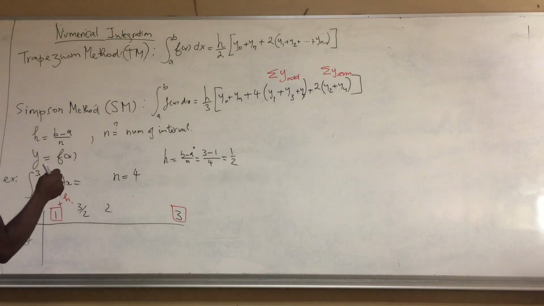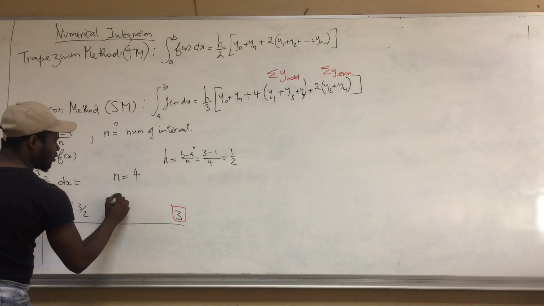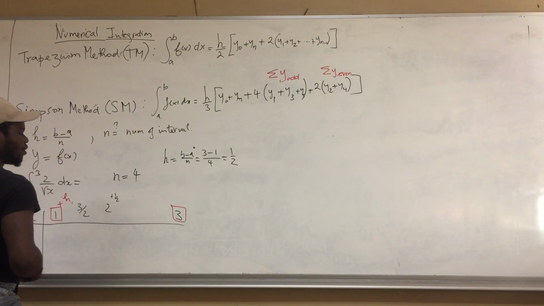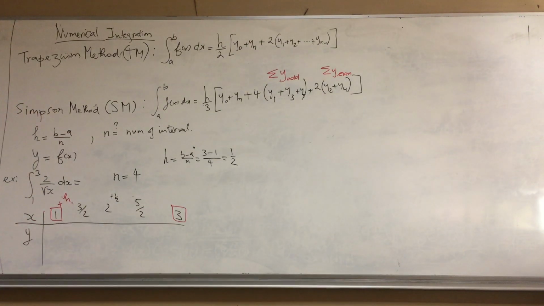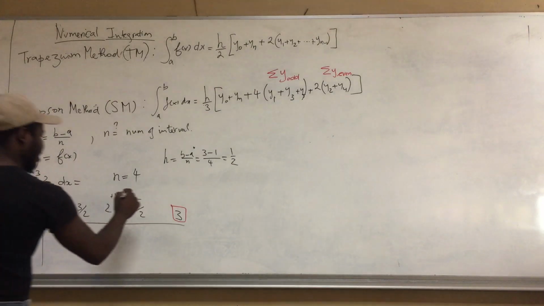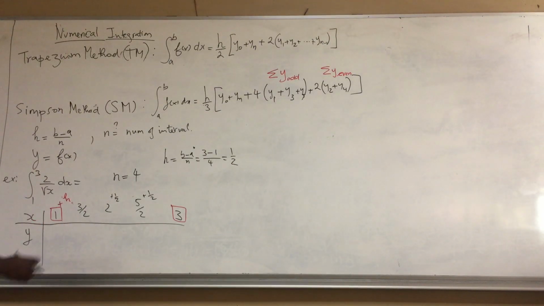Then 2 plus half gives you 5 over 2. And 5 over 2 plus half gives you 6 divided by 2, which is 3.